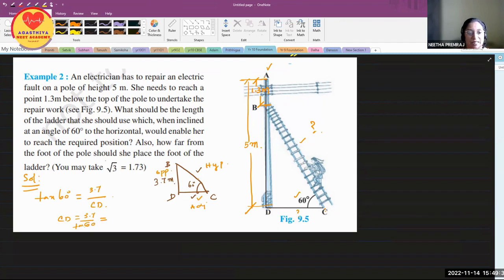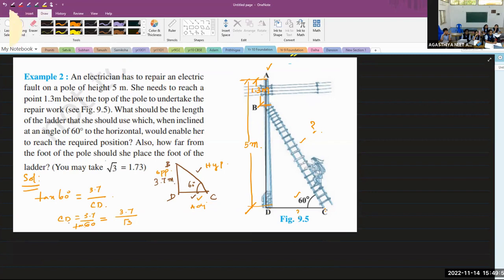What is tan 60? Root 3. One thing you should know: a root should not be in the denominator. You are supposed to rationalize. Have you heard the word rationalizing the denominator? Yes or no?